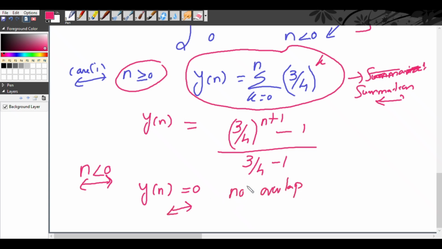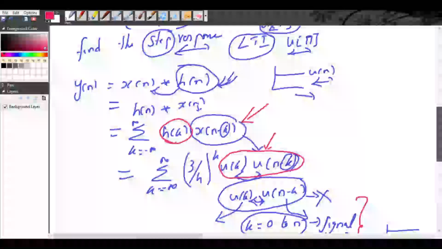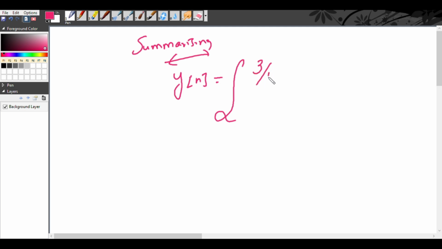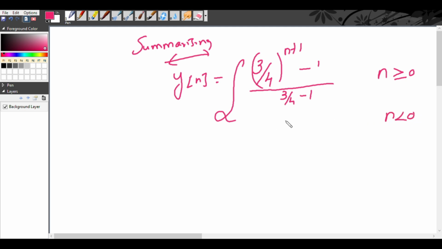Okay, so ultimately I can write it here by summarizing everything. The value of y of n, that is the output response recorded, will be (3 by 4) power n plus 1 minus 1 divided by 3 by 4 minus 1 for n greater than or equal to 0, and for n lesser than 0, the value is equal to 0.